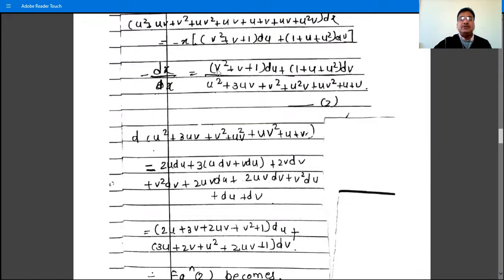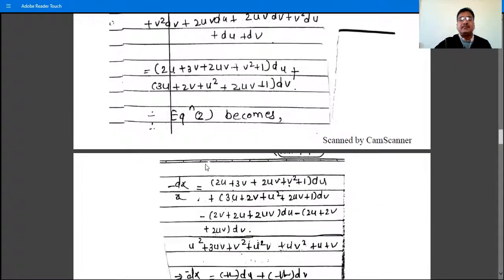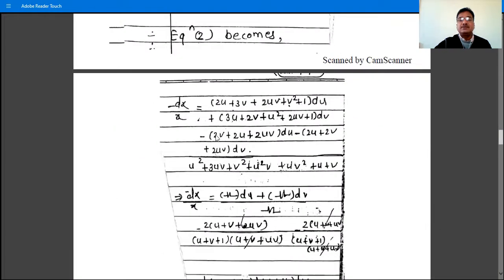If you observe, here is v square. Then if you observe 3v, there is 1v, so adjust 2v: minus 2v is there in this term.